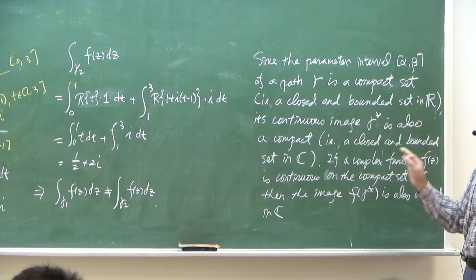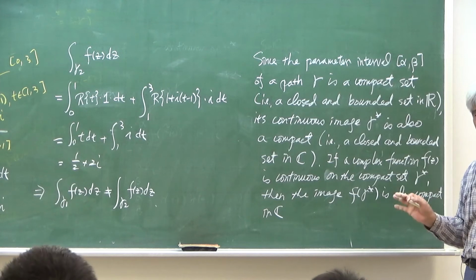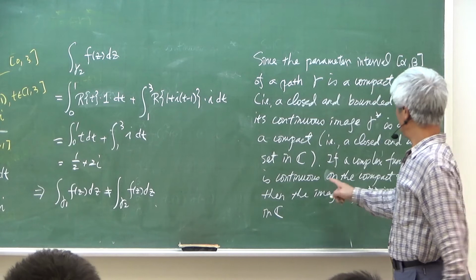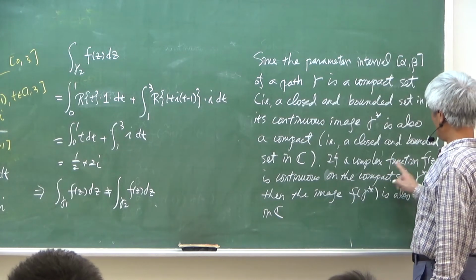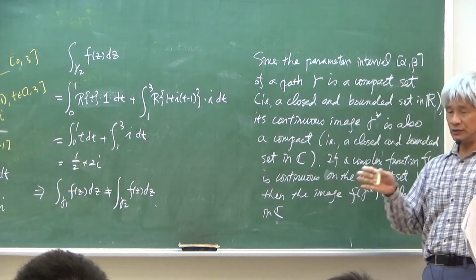It's a topological property, so I don't want to prove that, but this is a mathematical fact. So any compact set in the complex plane must be bounded and closed.